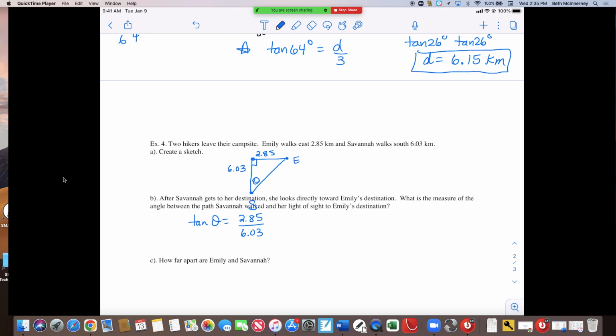So now we're going to tie this together with what we did yesterday. I need to undo the tangent function. What was it we used that would undo it, Jared? Inverse. So I'm going to take the inverse tangent of both sides.